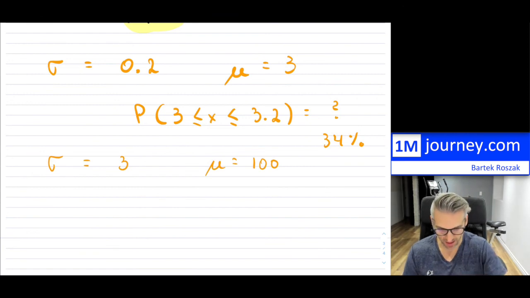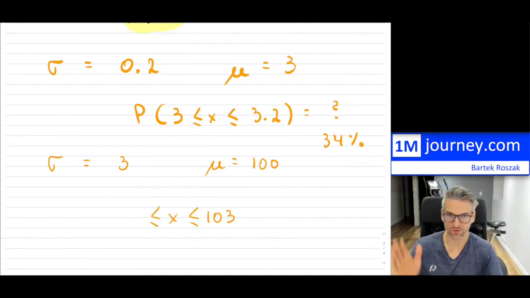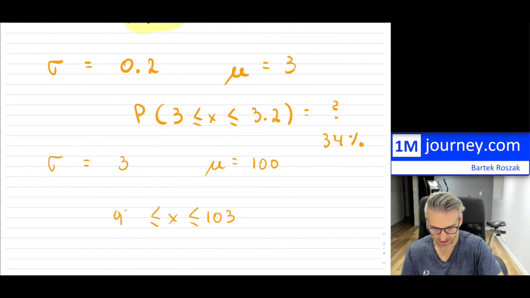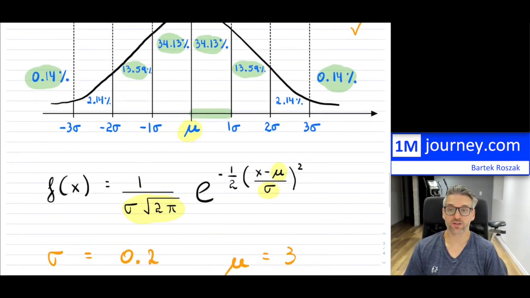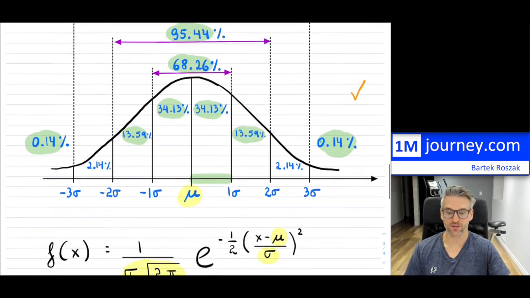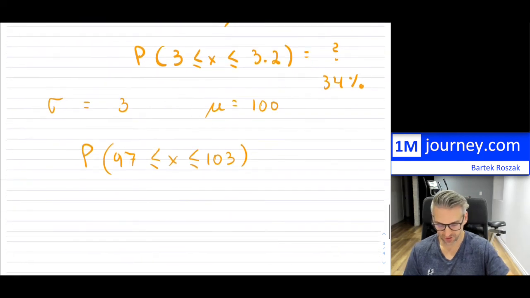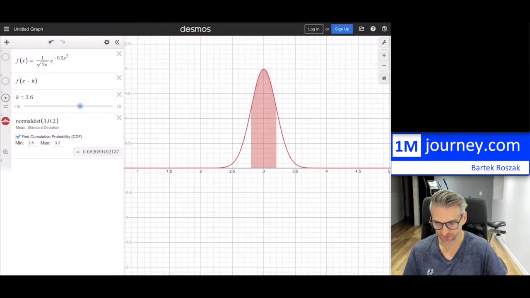That means, well, the mean is 100. So 1 standard deviation, the probability, left to right, this would have been 97. So this is the probability that you're within there. And it's always going to be 68% within that. And you don't have to calculate anything if you know that.